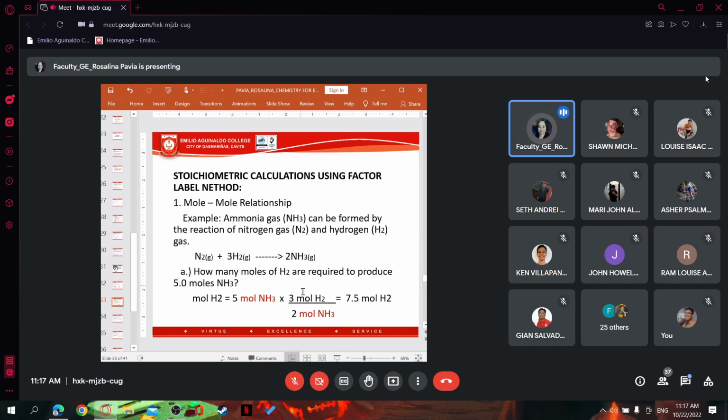Now, i-apply natin ito sa formula. Tingnan natin kung na-save ko siya. Wait lang. Hindi na-save. Hanapin ko lang ha.